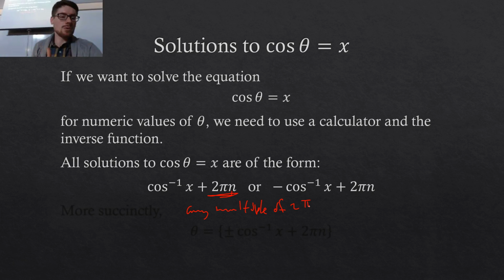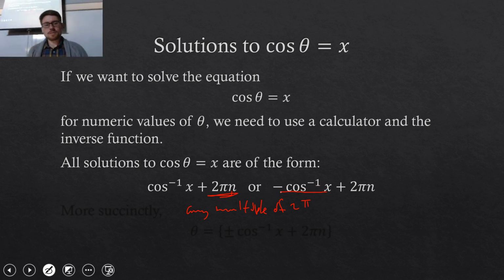So that angle would satisfy this equation, cos inverse of x plus a multiple of 2 pi. And then the other one is negative cos inverse of x plus a multiple of 2 pi. Okay? So we've got kind of two different answers, and then all the ones that come out from periods. Cos inverse of x is one answer, negative cos inverse of x is the other answer.